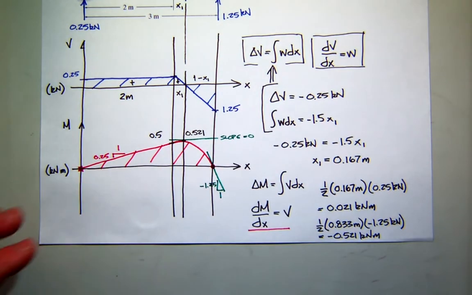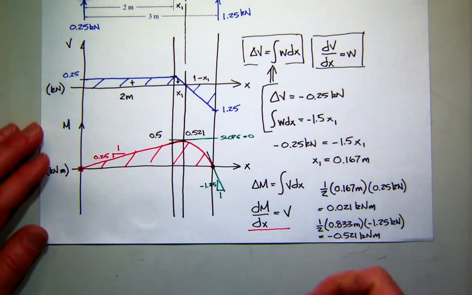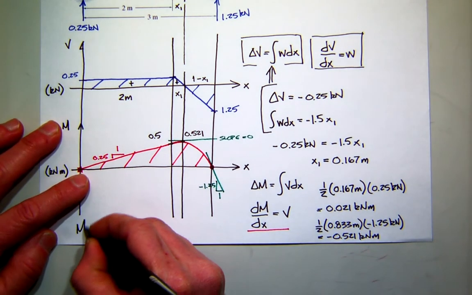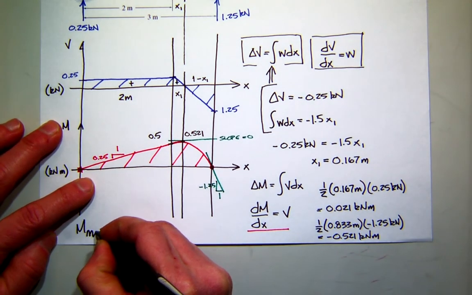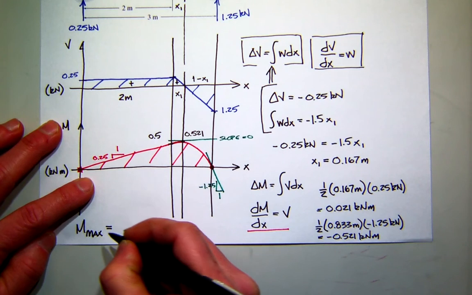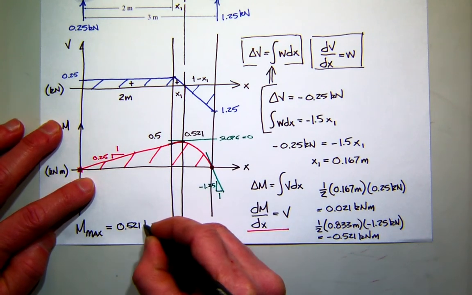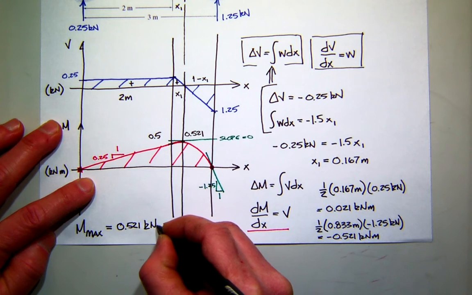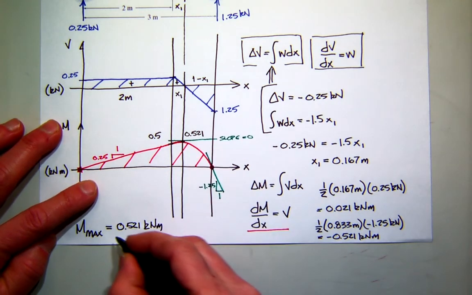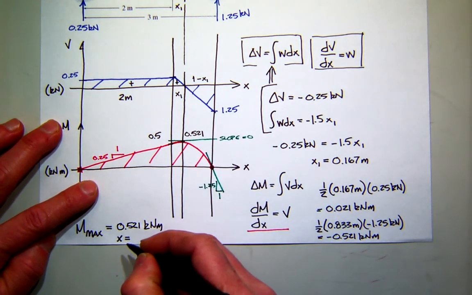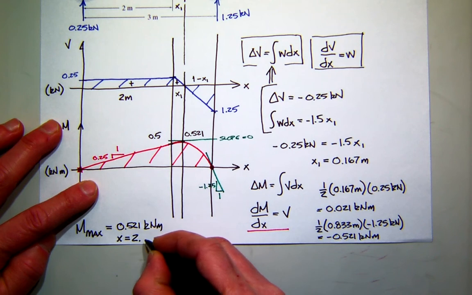So the question, which we can add to this, which is not the original question, so where's the maximum moment? Well, it's 0.521 kilonewton meters, and it's located at that point, which would be at x equal to 2.167 meters.